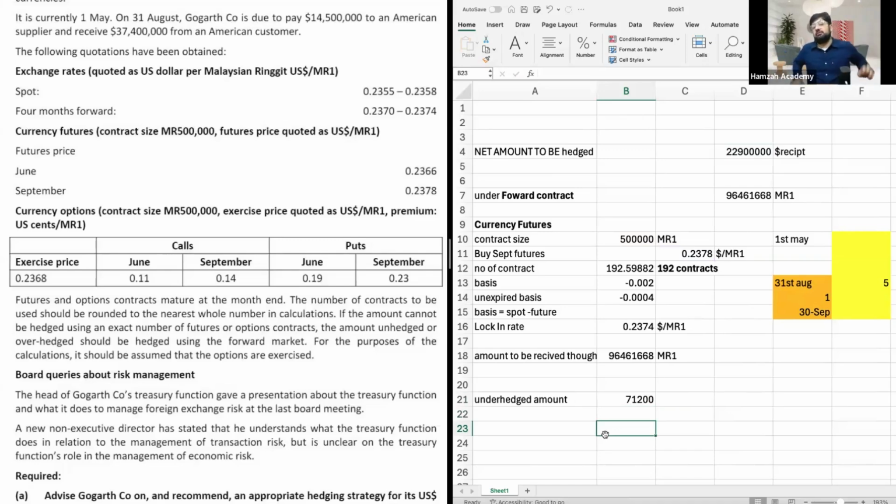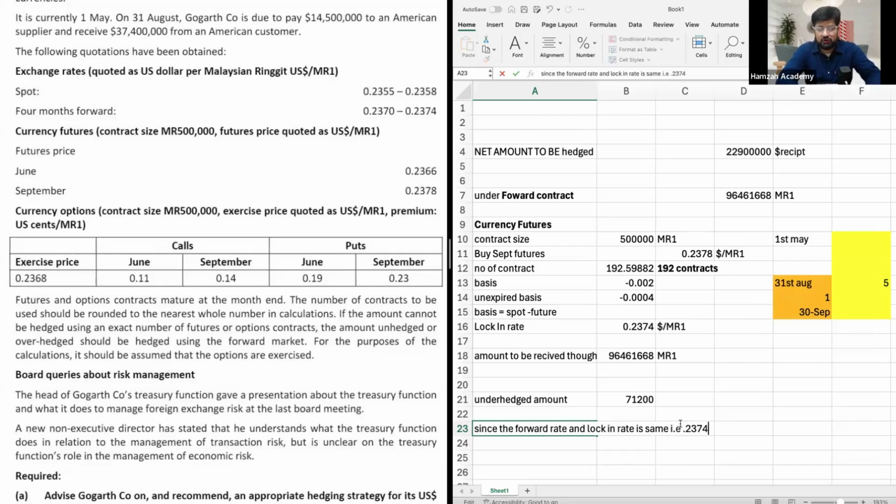Now listen. By chance, the forward rate and lock-in rate are the same, that is $0.2374 per ringgit.